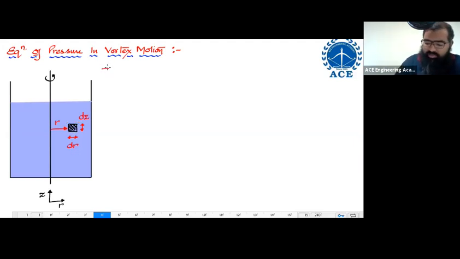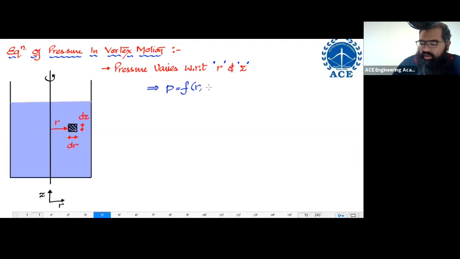So the first point I have to remember over here is that pressure varies with respect to R and Z, which implies pressure has to be a function of R as well as Z. If pressure is a function of R and Z, this implies dP equals dou P by dou R times dR plus dou P by dou Z times dZ.